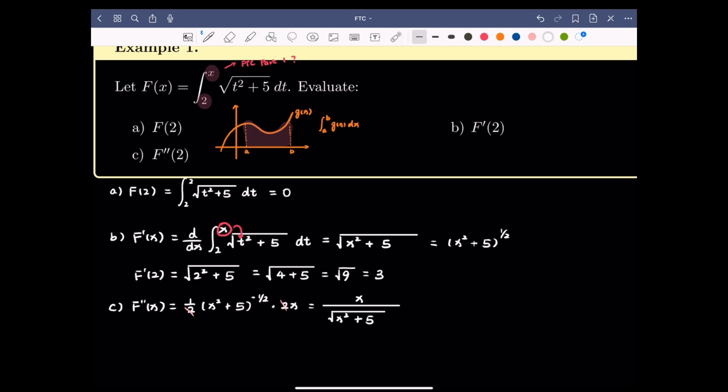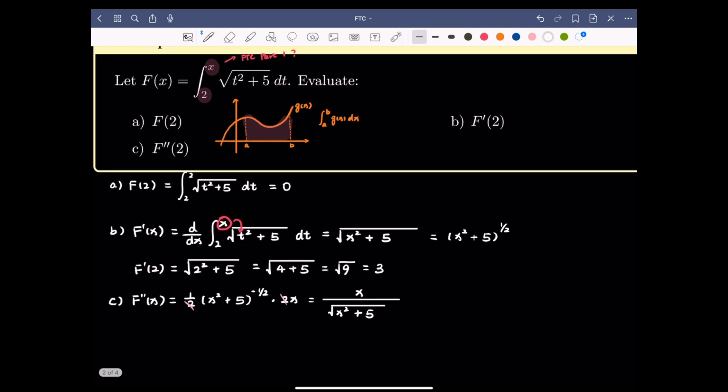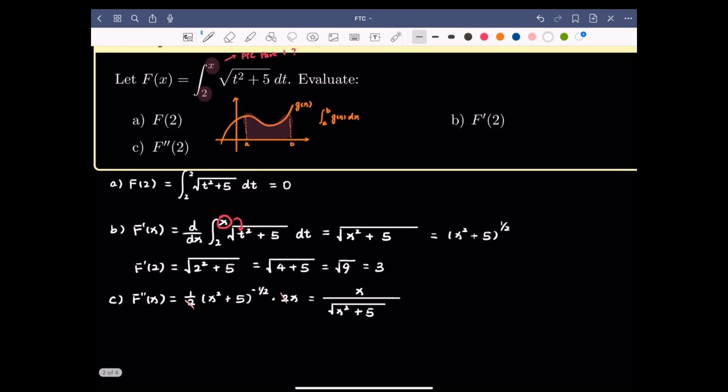And to find f prime prime of 2, again, we just need to sub in x equals 2. So f prime prime of 2 is just gonna be 2 over square root of 2 squared plus 5, which we already know what it is. Remember, that's just 3, so that's gonna be 2 over 3.